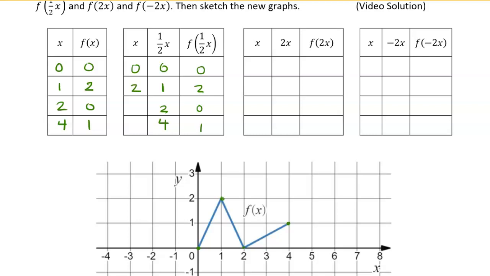In order for 1/2 of x to be 2, x has to be 4. And for 1/2 of x to be 4, x would have to be 8. All right. So now I have x values and the corresponding f of 1/2 of x.